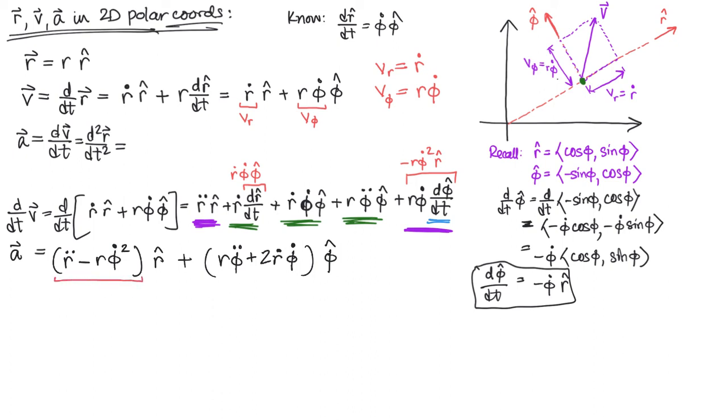Now, we can think of the coefficient of r hat here as the radial component of acceleration, and the coefficient of the phi hat we can think of as the angular or tangential acceleration. Good. So now I'm just going to copy this up above so that we have everything all in one place.